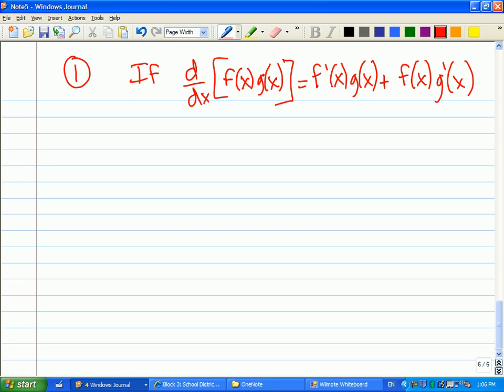Well, product rule, if this is true, then if we integrate both sides, this can help us figure out how to recognize the product rule in reverse.